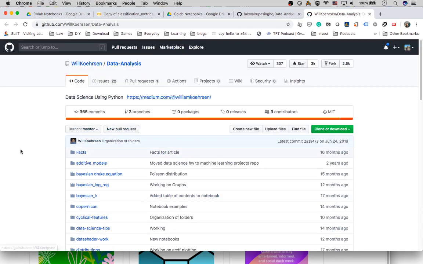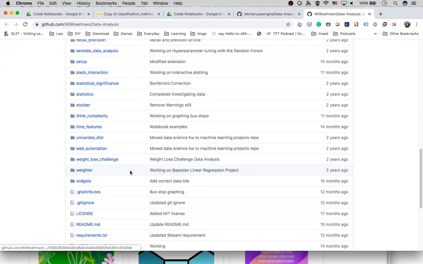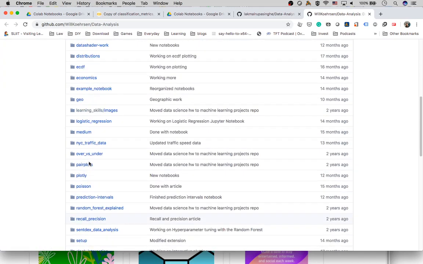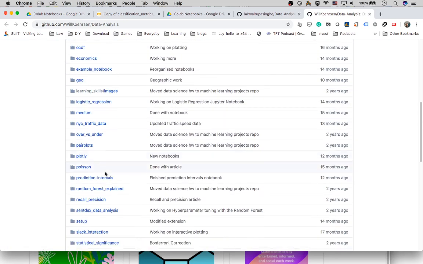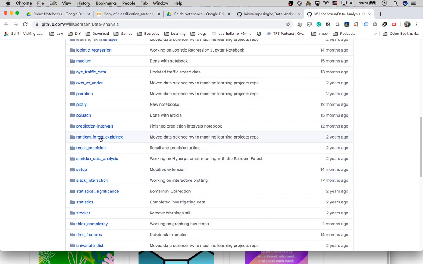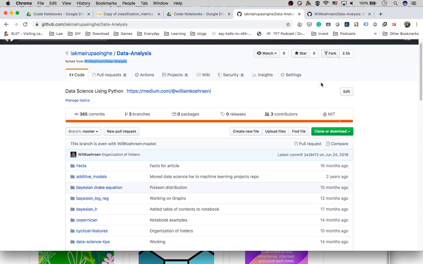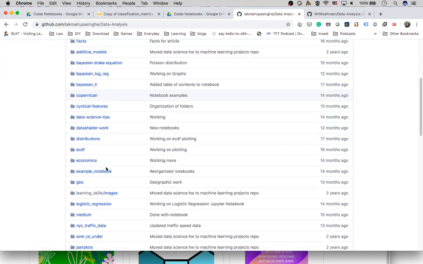He has all these interesting notebooks which you can use for everything that we learn: plotting and predictive analytics, random forest, many other things. You can also fork this from mine.